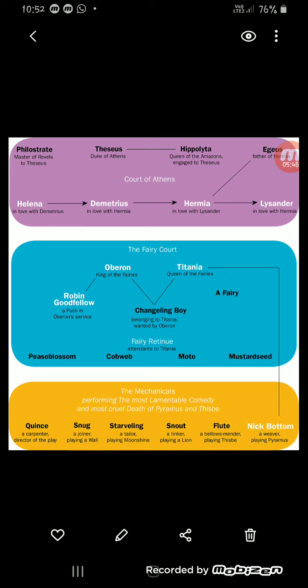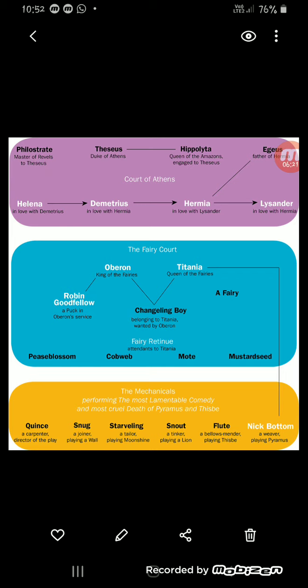There are fairies in that world, and Titania and Oberon are rulers. Oberon and Titania, husband and wife, are arguing about the custody of one boy. Right now, Titania has custody of that boy, and Oberon wants that boy to be under his custody. So this is a major issue between this couple.